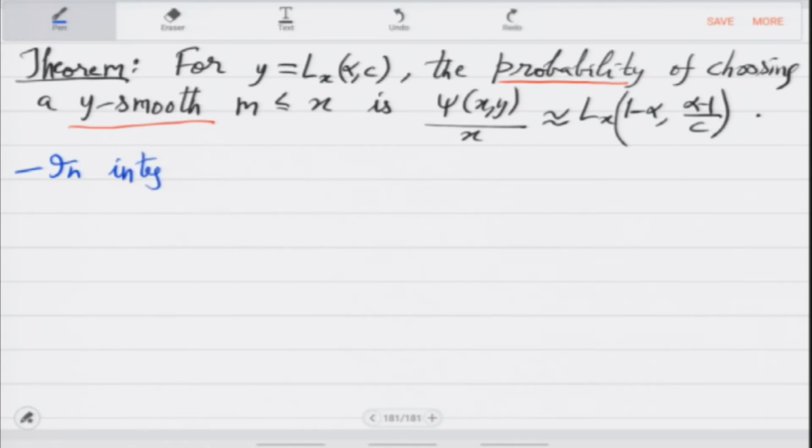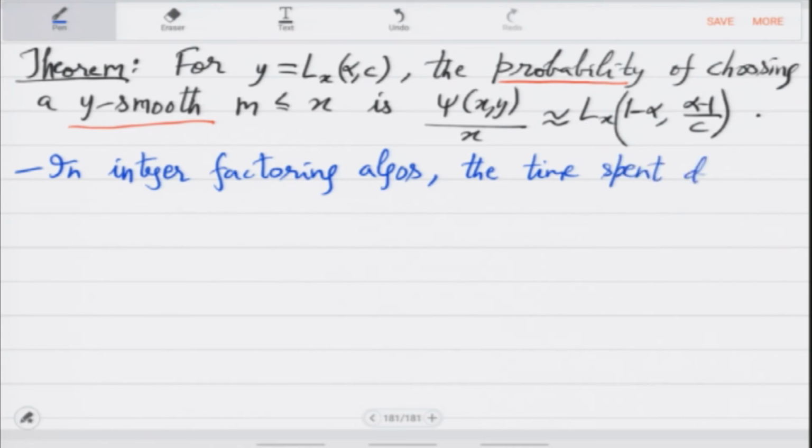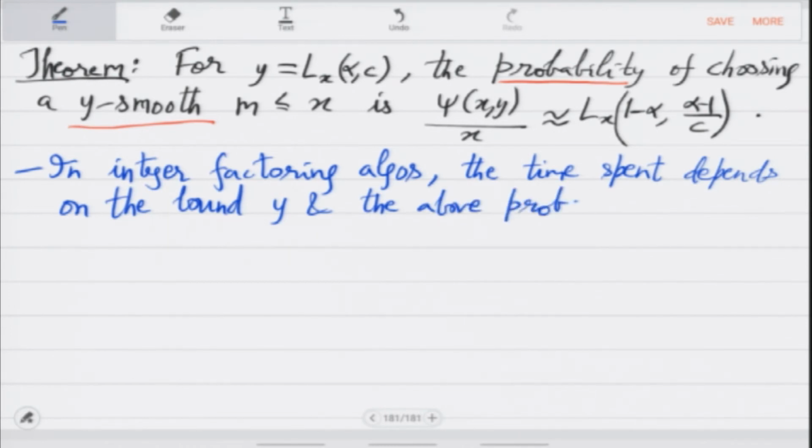So in integer factoring algorithms, the time spent depends on the bound y and the probability, because 1 over probability is the expectation.